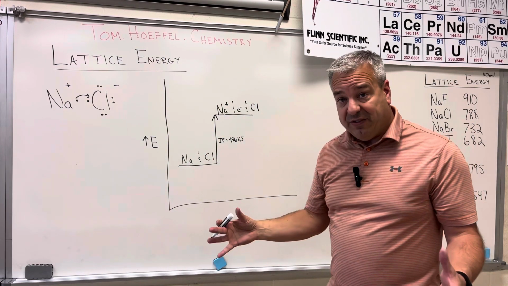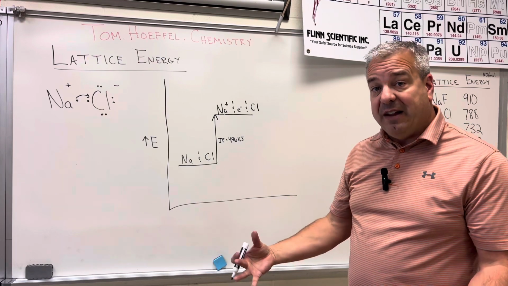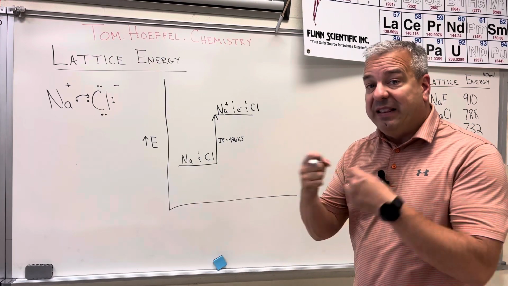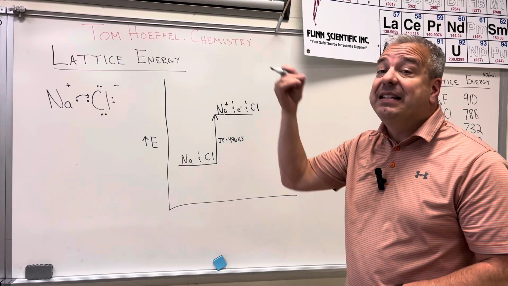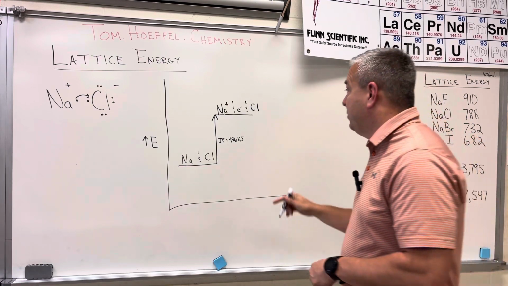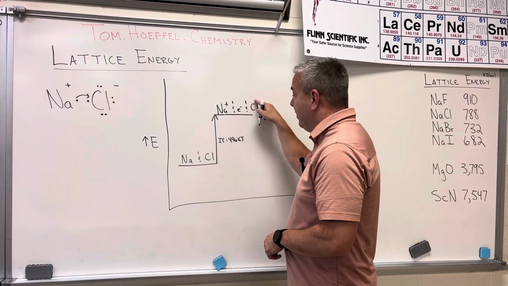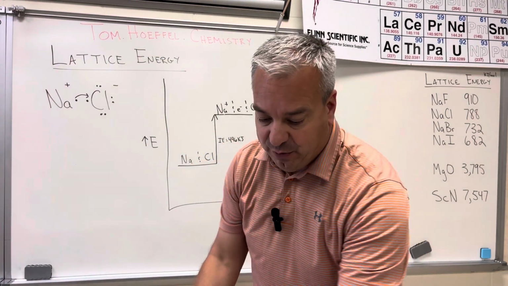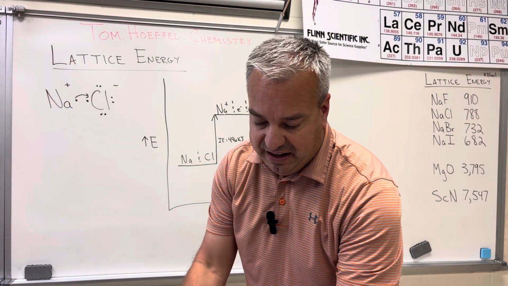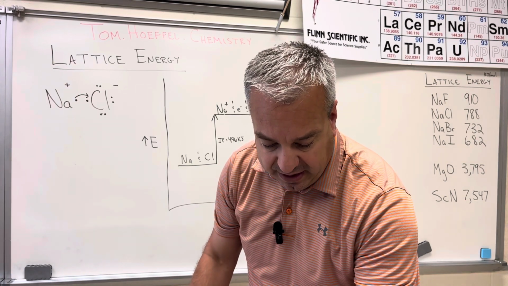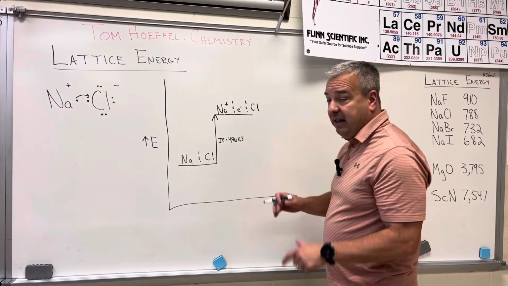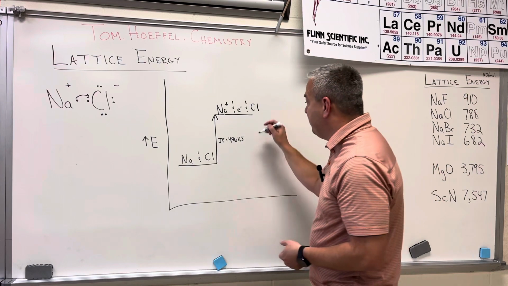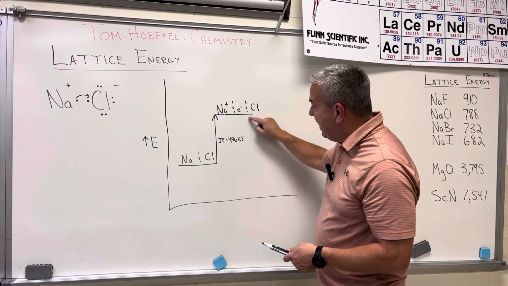Now, there's another definition called electron affinity, and that's the amount of energy released when an electron is added to an element. So what we're going to do is add that electron to the chlorine. I'm going to get my book out and look up the value for the electron affinity, and the electron affinity for chlorine is 349 kilojoules of energy released. So that's going to be a negative 349.